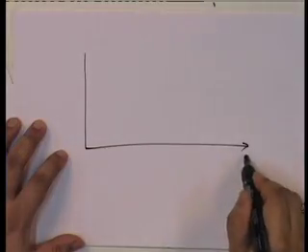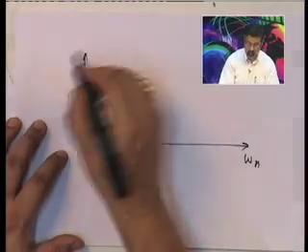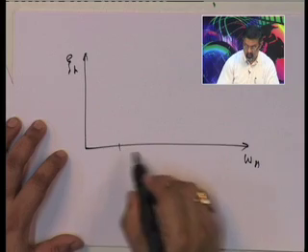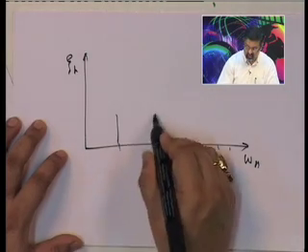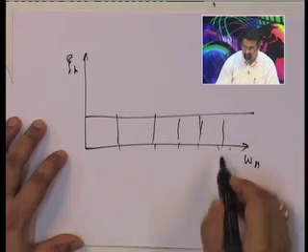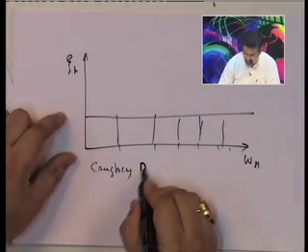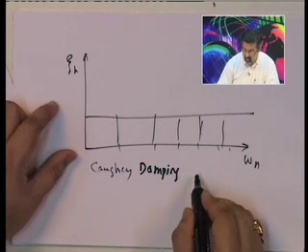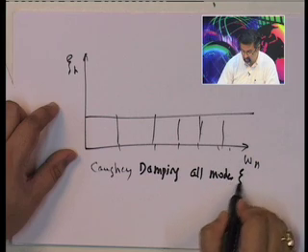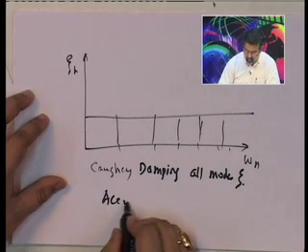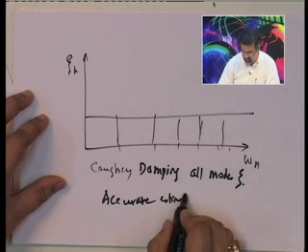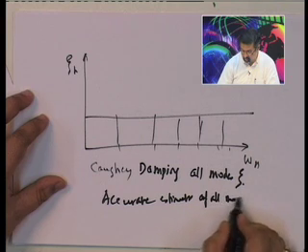The advantage of the Caughey series is the following: once you have the Caughey series, since I have forced all of them, Caughey damping gives accurate estimates of all modes xi.